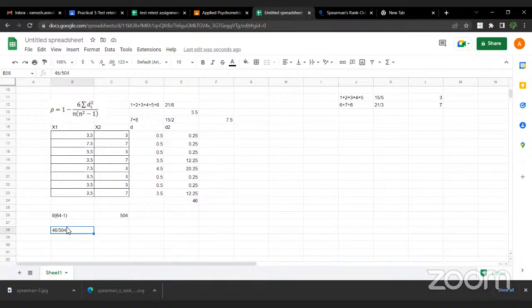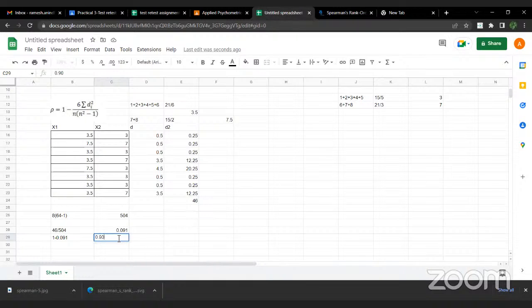46 divided by 504 is 0.091. So this should be 1 minus 0.091, which is 0.909.